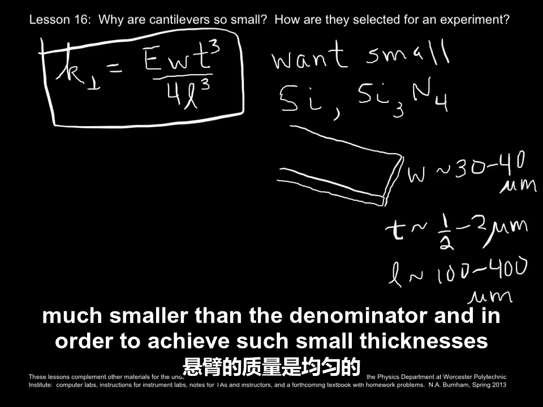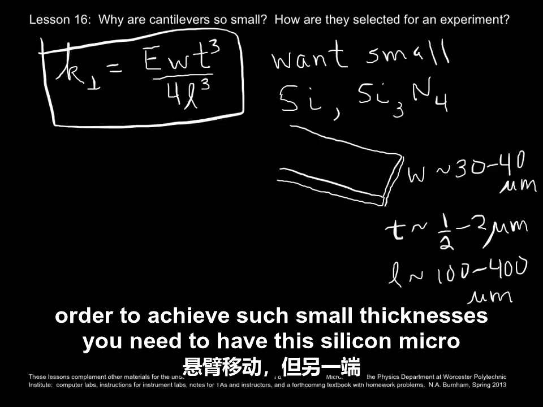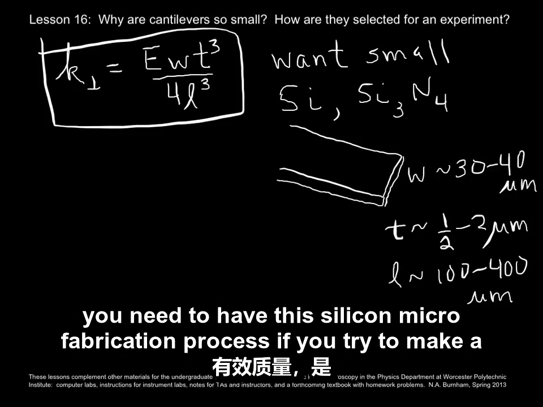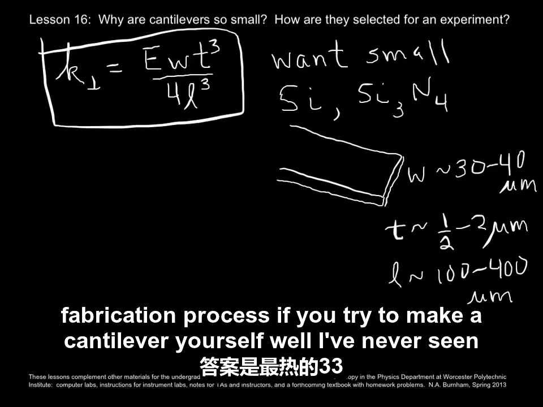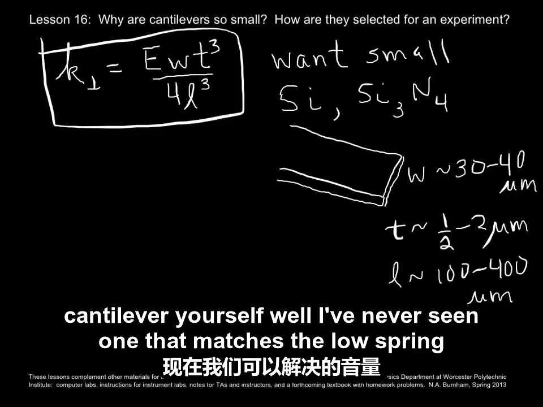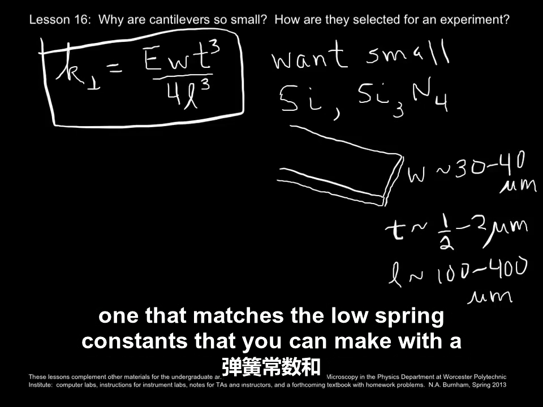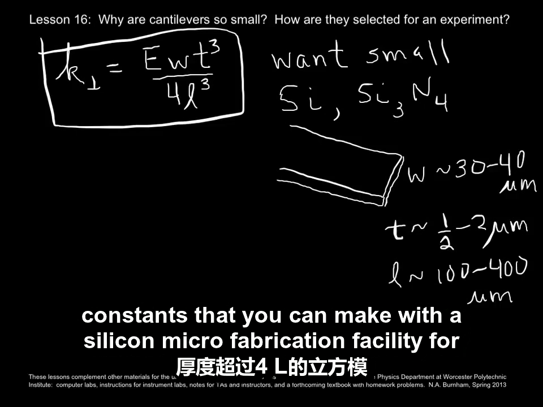And in order to achieve such small thicknesses, you need this silicon microfabrication process. If you tried to make a cantilever yourself, I've never seen one that matches the low spring constants that you can make with a silicon microfabrication facility.